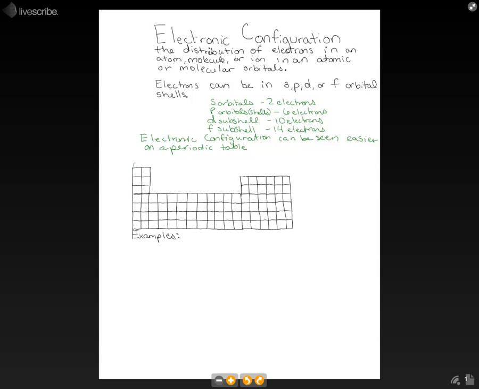The first section we're going to have here is these first 2 columns, and that is our S subshell. You can see that there's 2 elements, or 2 columns here, and that's going to represent those 2 electrons. In the middle, we have our transition metals, and those are all going to represent our D subshell.